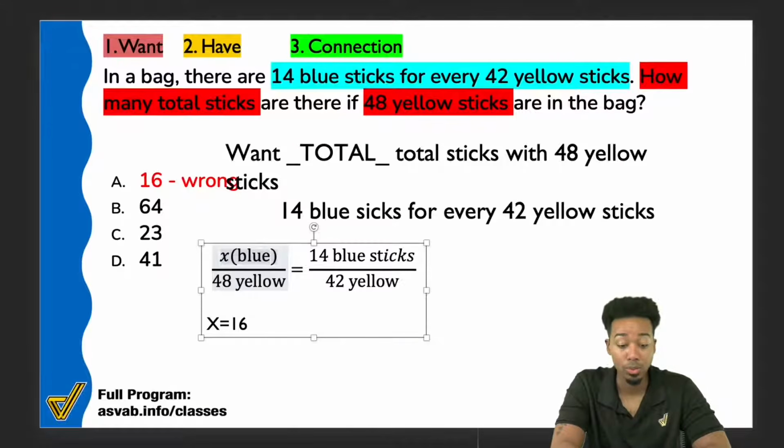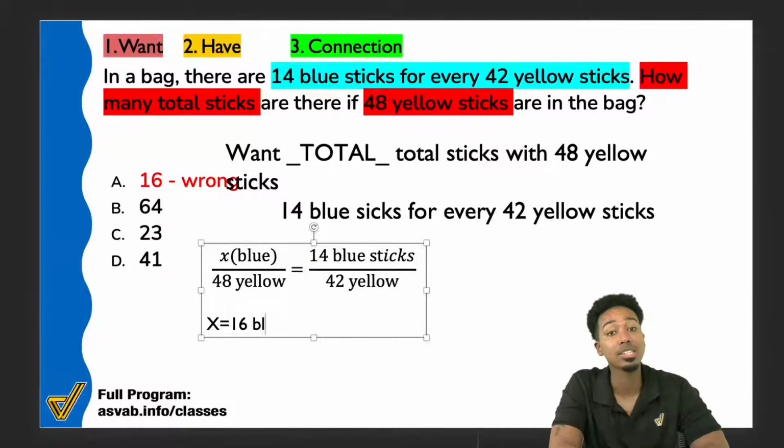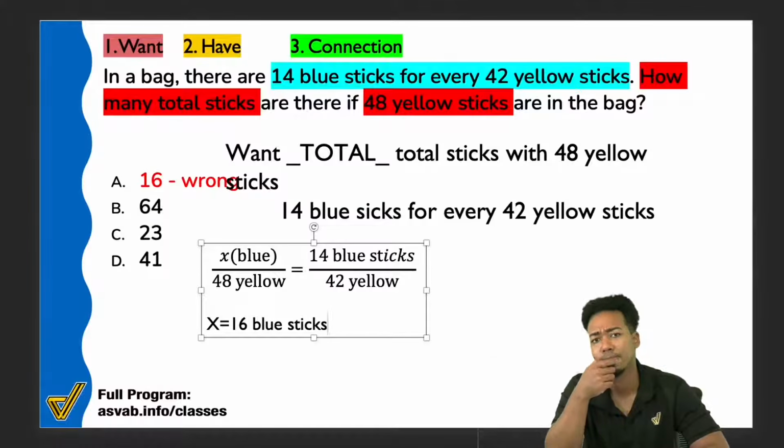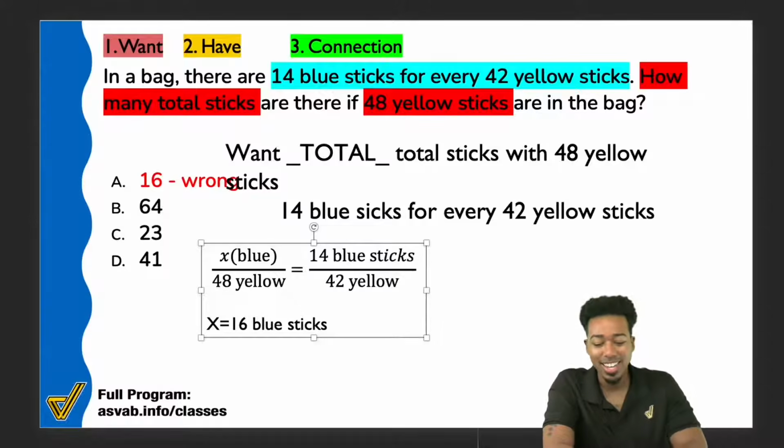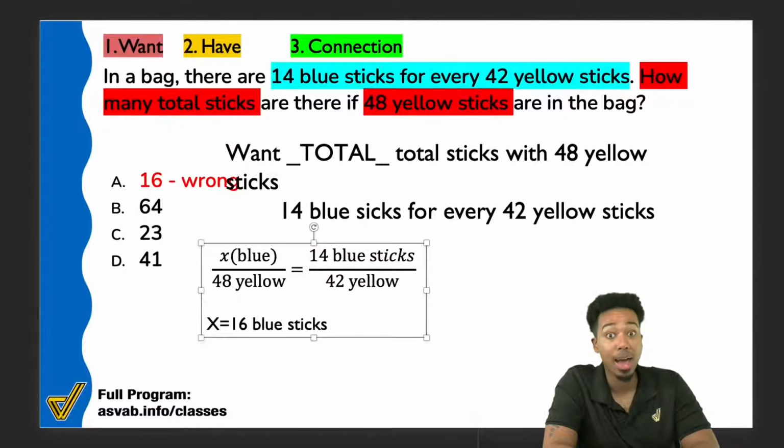And so when you solve for the 16, this is actually 16 blue sticks, not the total number of sticks. And so everybody, if you would have gotten to this point, how do you actually get the total? Exactly, that's right. So Jonathan, you'll add the 16 back with the 48 that you have.